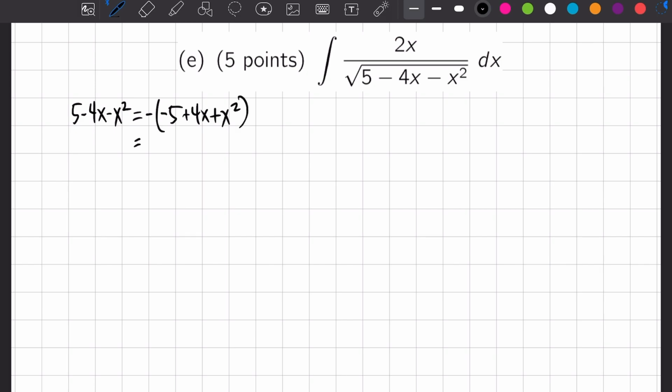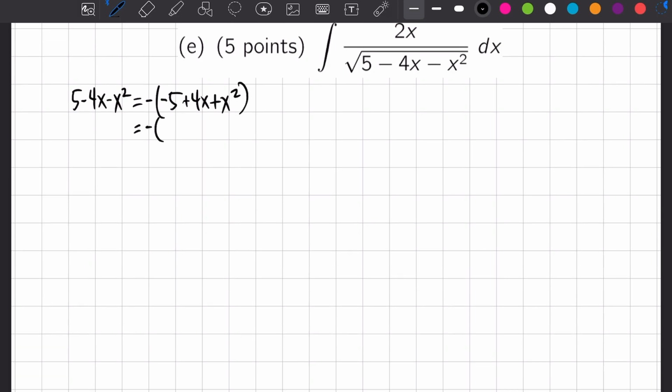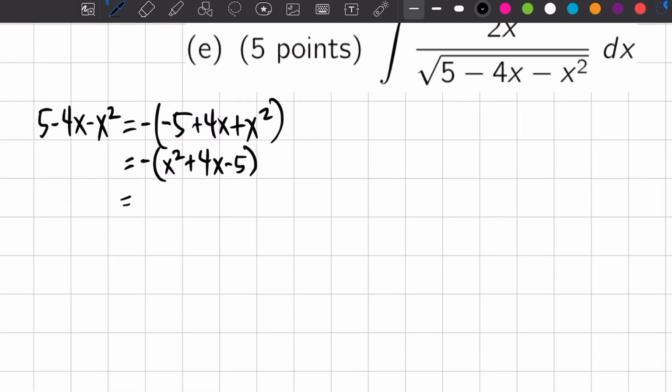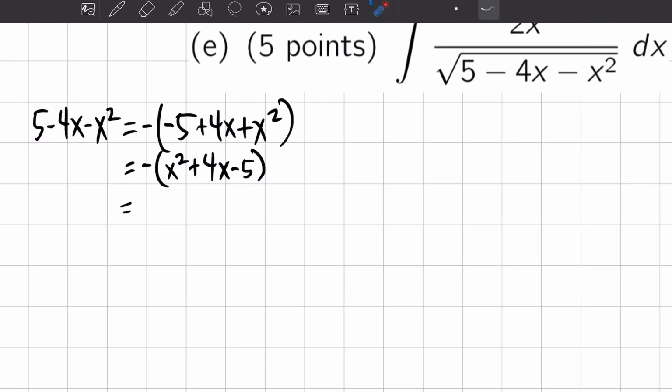Then reordering the one inside, we have the negative of x squared plus 4x minus 5. And to complete the square, what we just have to do is divide this one by 2. So you have 4 over 2, then square that one.